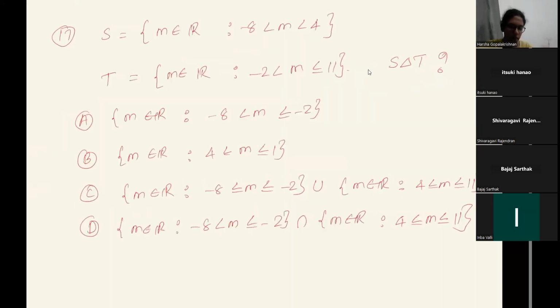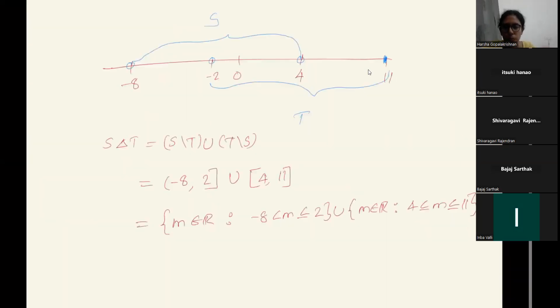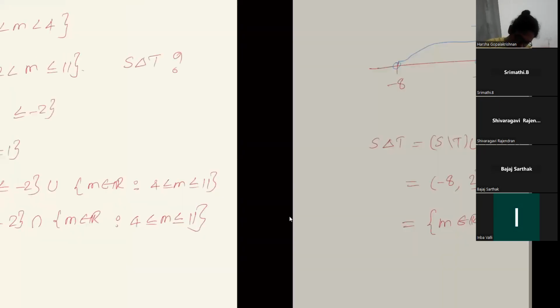Yes, D is correct. Is this clear for everyone? Any doubt in the symmetric difference? Any doubt in the solution? Symmetric difference is union, and option D is intersection.